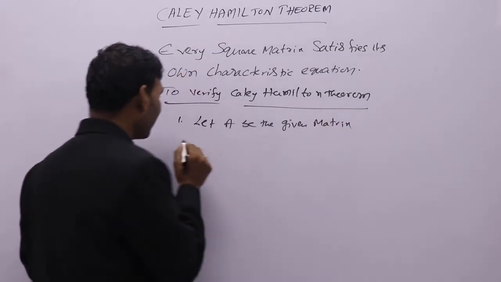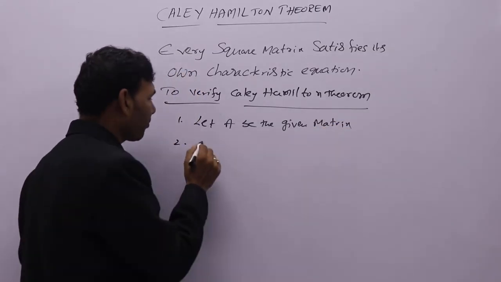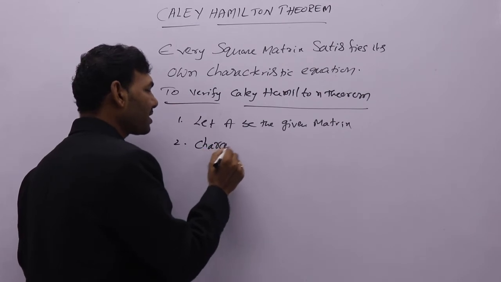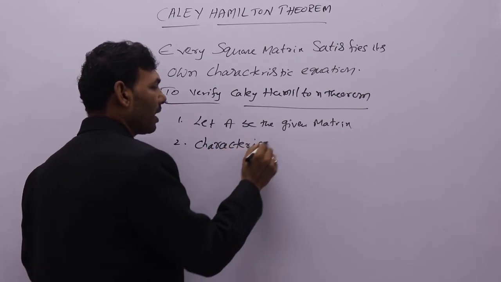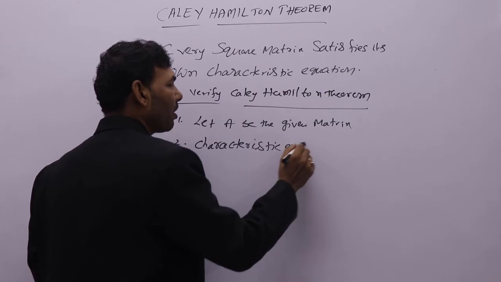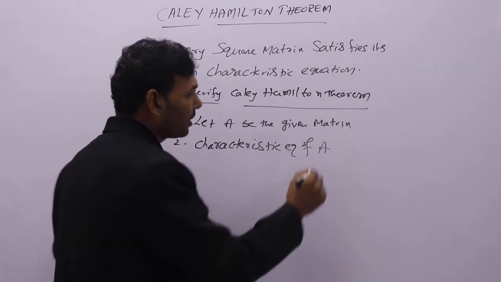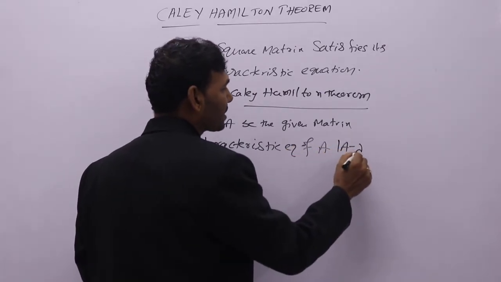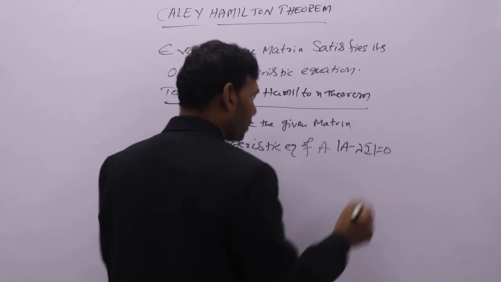Next, write the characteristic equation of A. You know how to write it, that is det(A minus lambda I) equal to 0.